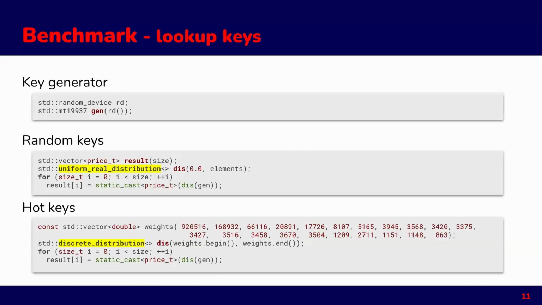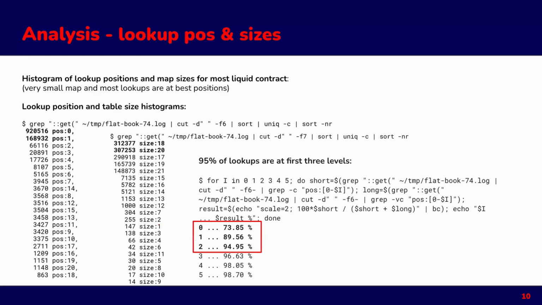Okay, so I tried to create some benchmark. I created random keys. I used a random generator and uniform real distribution for uniformly distributed random keys. That's the worst price in our scenario. And then I used a discrete distribution, which is parameterized by weights. And those weights, those numbers here, are directly taken from the histogram which was collected here.